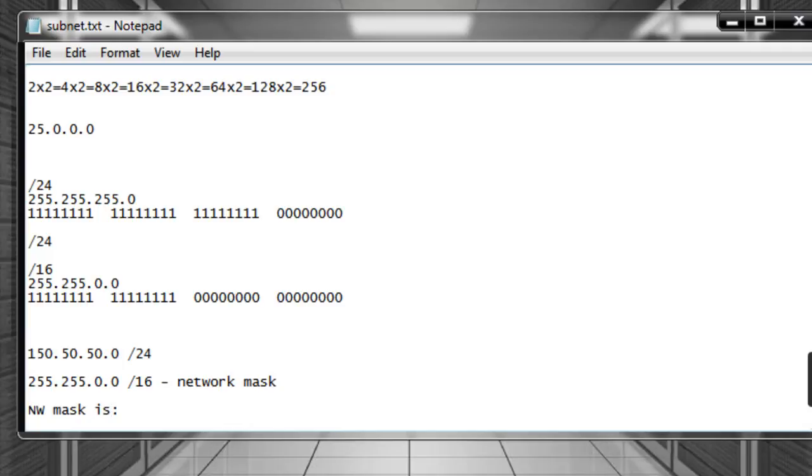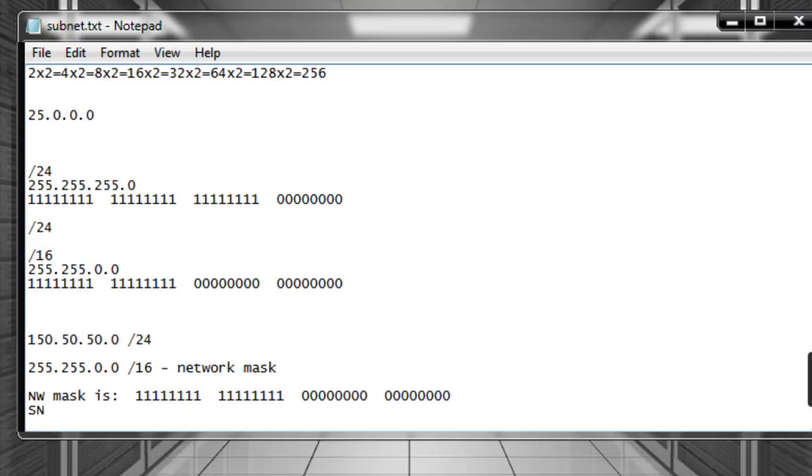The network mask is and the subnet mask is, since /24 indicates 24 ones.